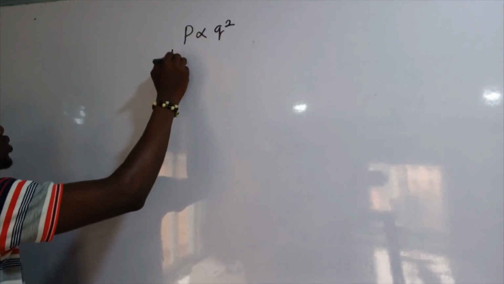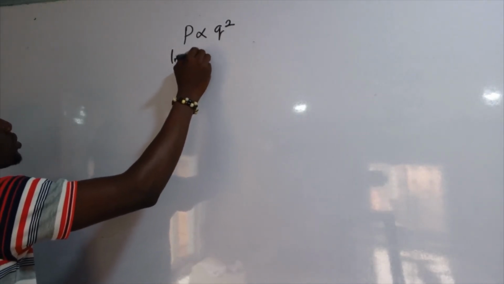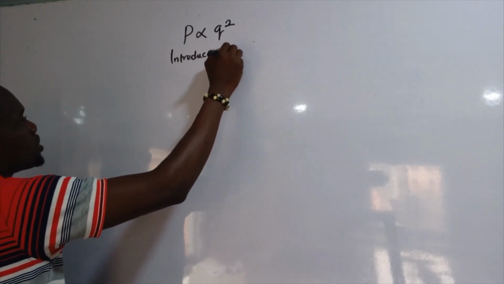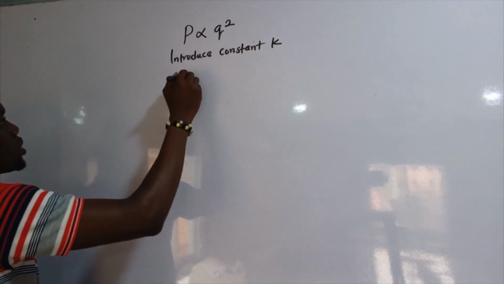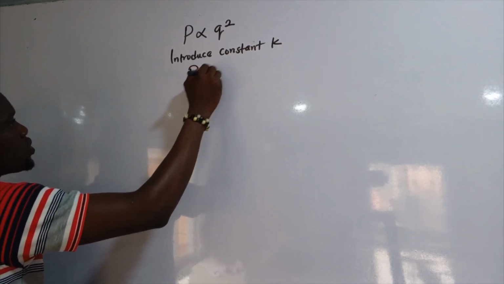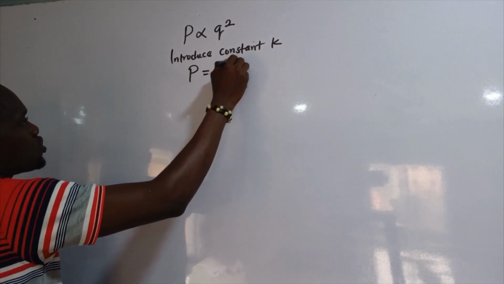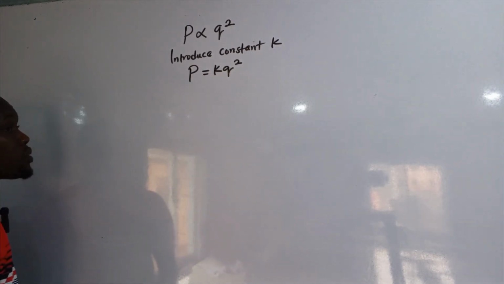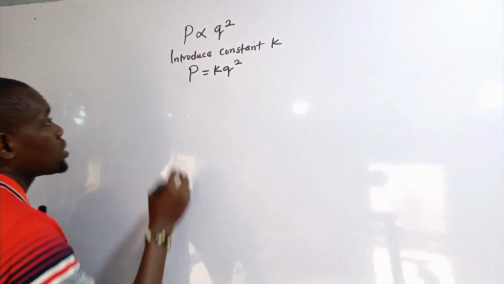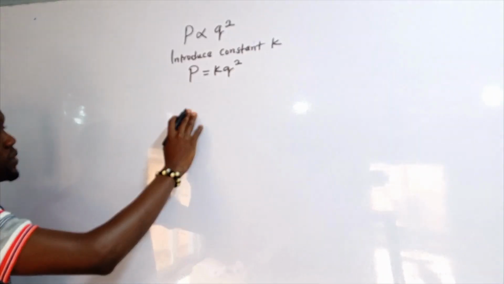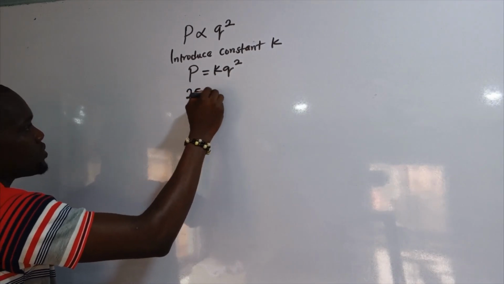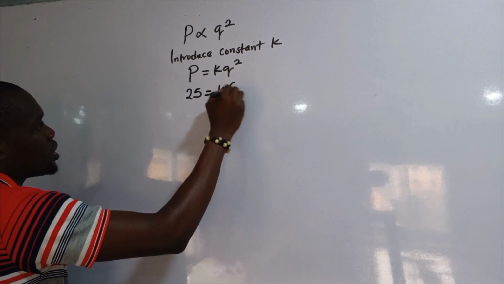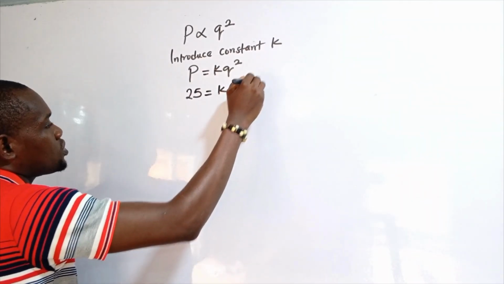So when we introduce constant K to it, we're going to have our expression as P is equal to KQ squared. And from the question, we're told that when P is equal to 25, Q is equal to 4. So we're going to have 25 is equal to K times 4 squared.